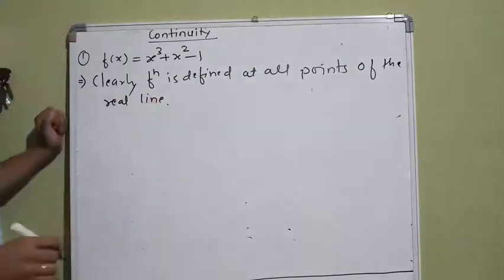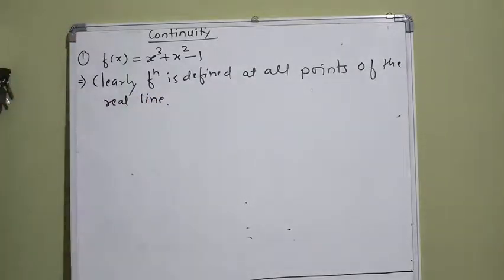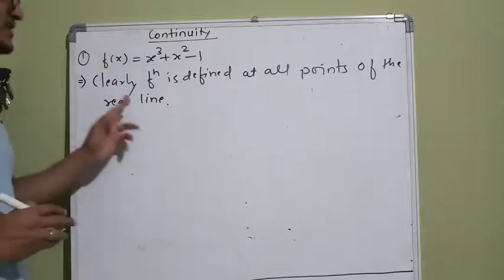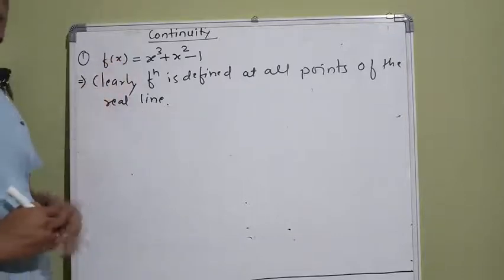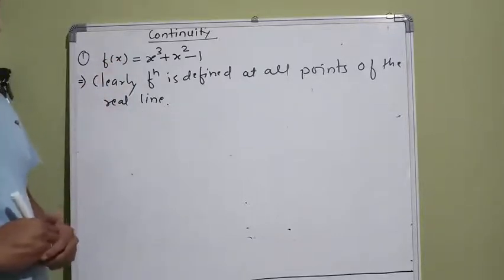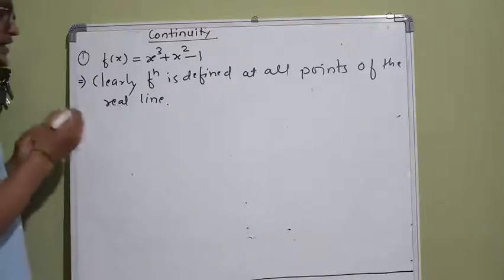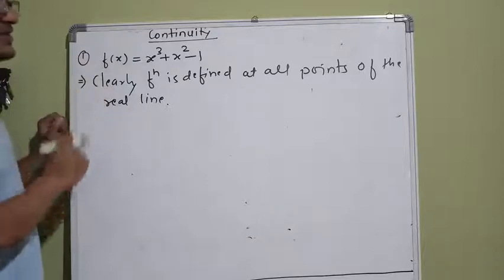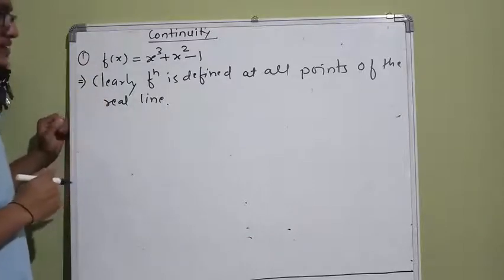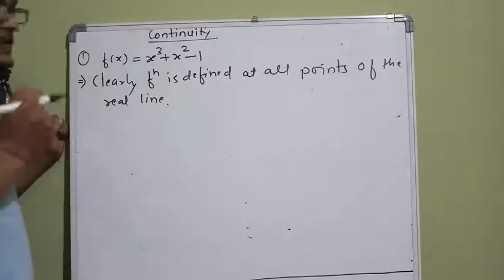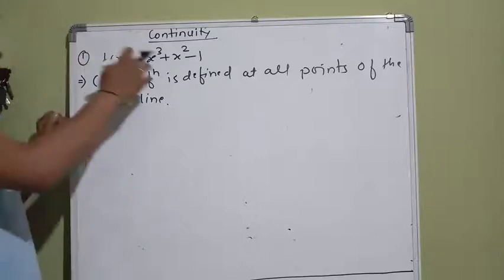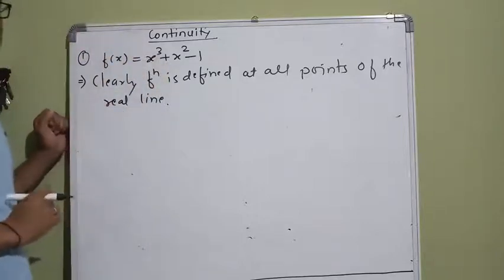This sentence is fixed for such type of example wherever the continuity point is not mentioned. So I have written: clearly, this function is defined at all the points of the real line. So this is continuous at every point of the real line.